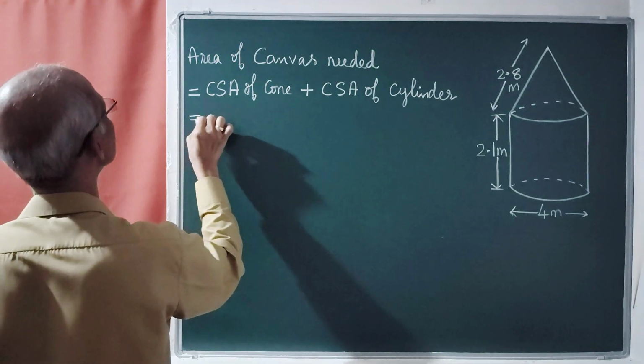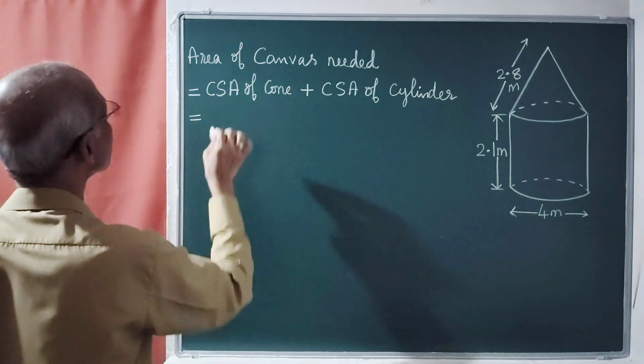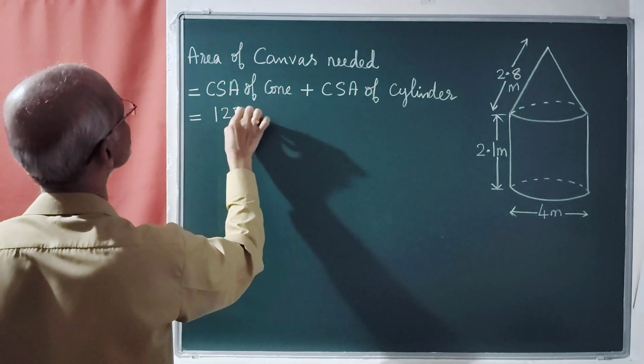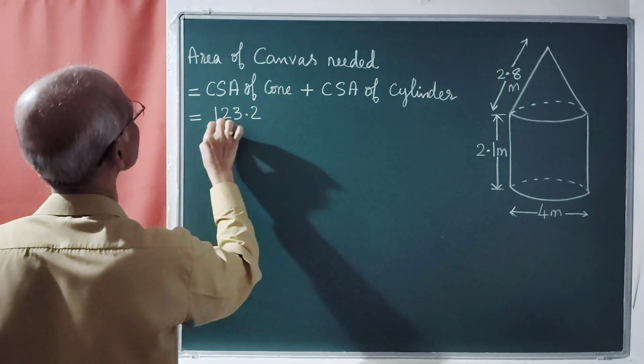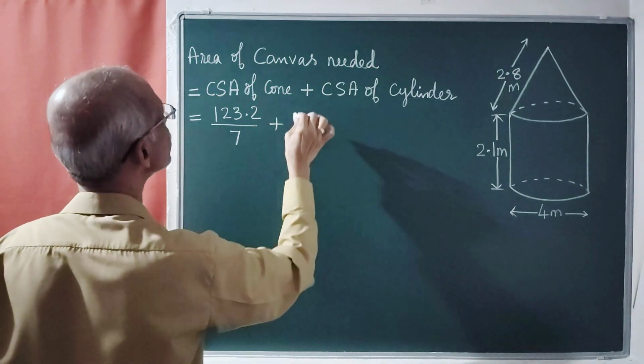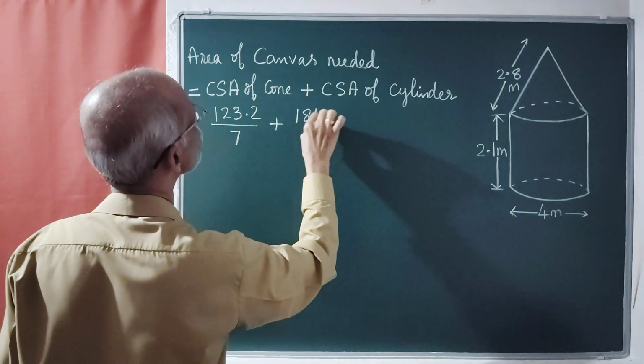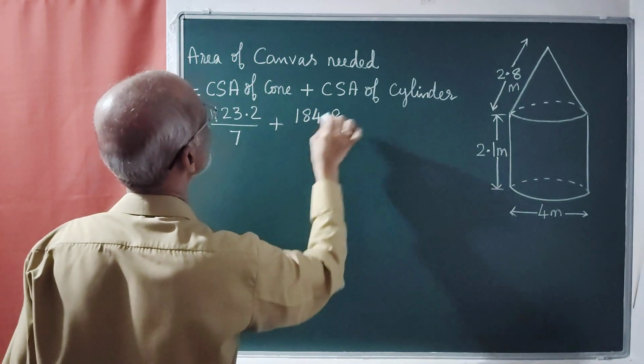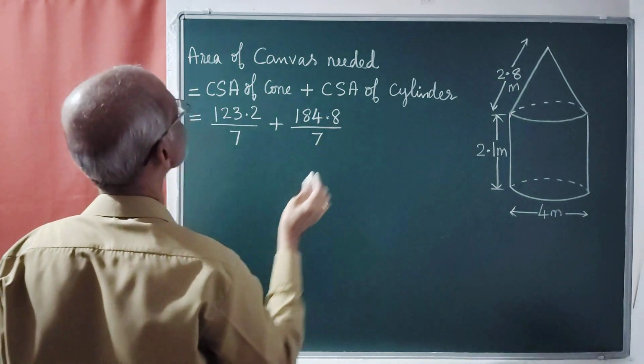That's equal to 123.2 by 7 plus 184.8 by 7.